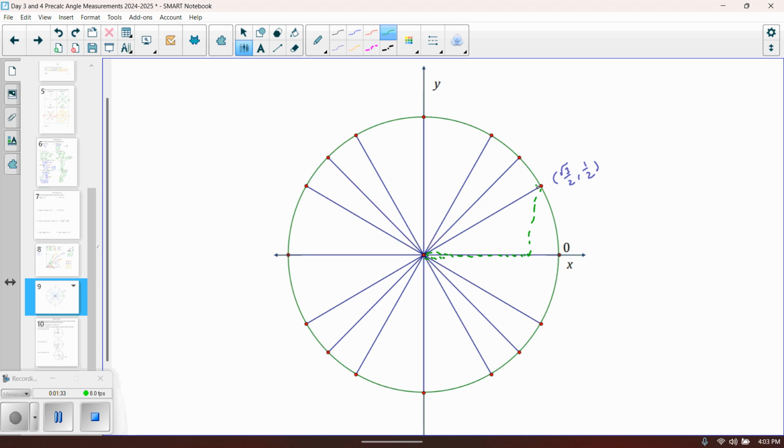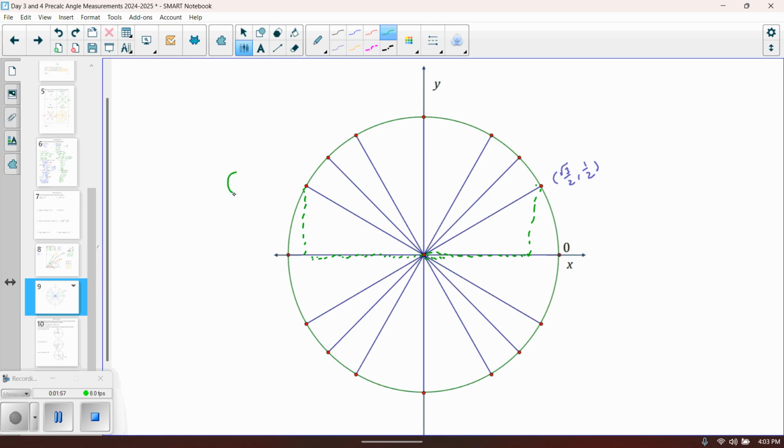So now let's think about it. What if we went in the opposite direction? Again, it's all based upon symmetry here. The distance in the x direction is the same distance that we covered, but in the negative direction. And it should also make sense: we're going to the left, so the x value there is going to be negative. And then if we go up, it's exactly the same y value because we went in a positive y direction.